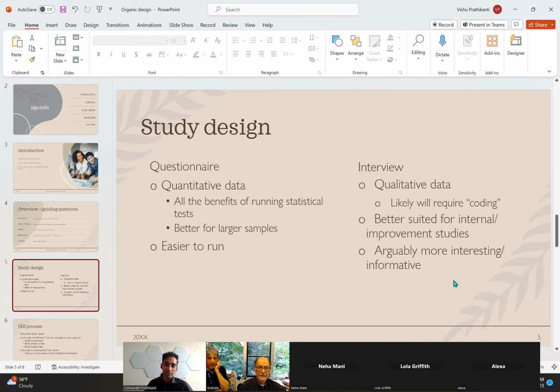Lastly, a questionnaire is usually easier to run because it's very easy to just send out to people. But an interview is arguably more interesting and informative if you're actually trying to improve your undergraduate research journal. You can also add more open-ended questions to your questionnaire, but depending on how big your sample is, it might be very difficult to parse through all of those responses. And I think an interview would not be bad if you're doing just your journal staff.